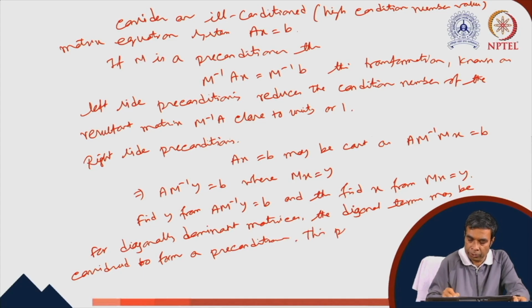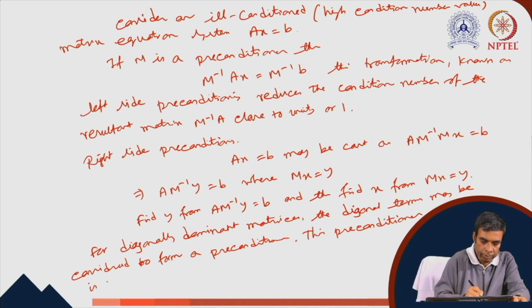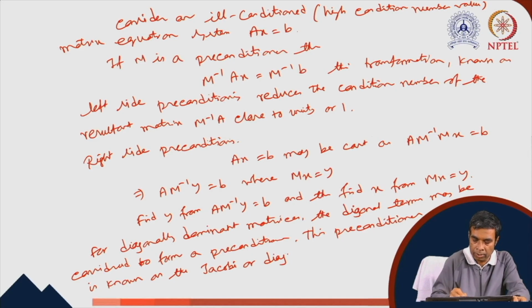This preconditioner is known as the Jacobi or diagonal preconditioner.